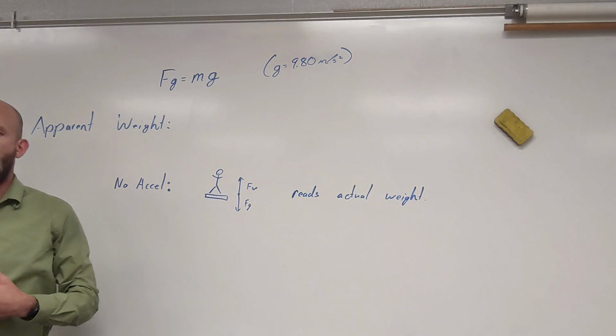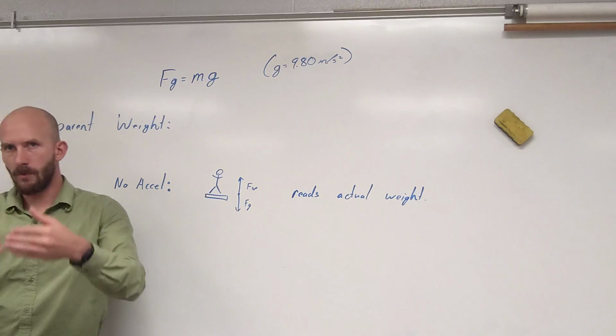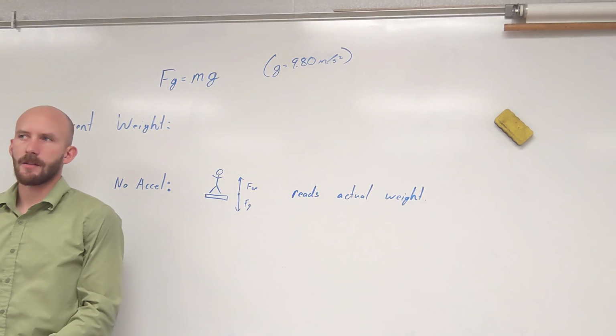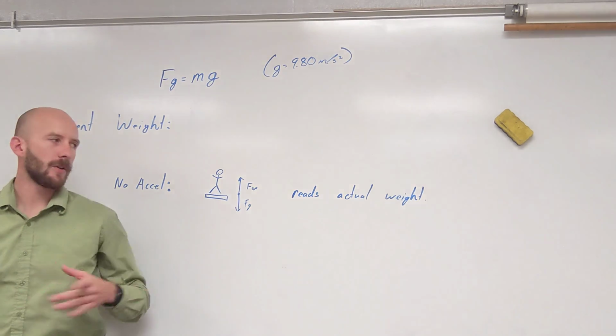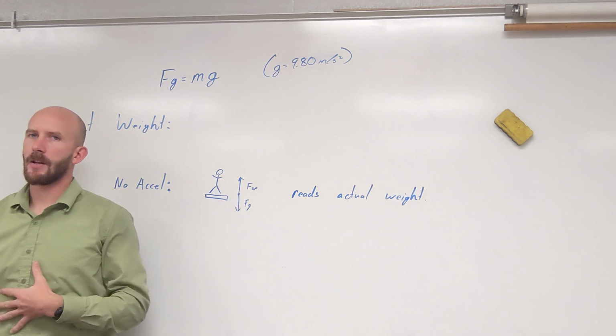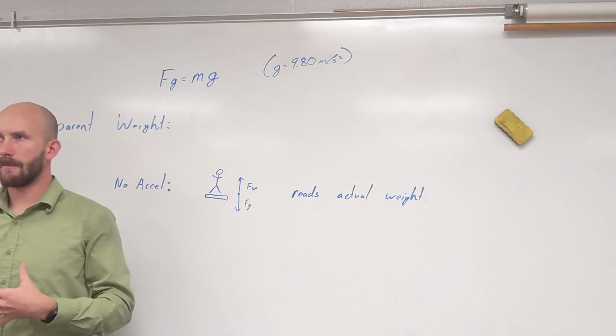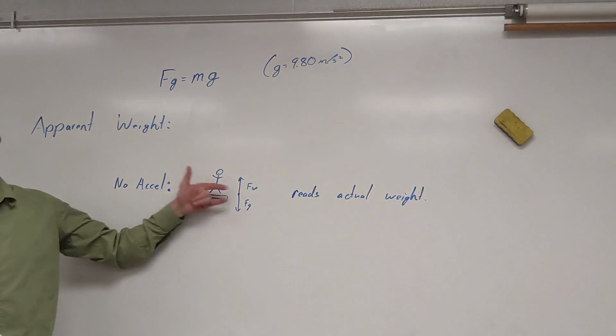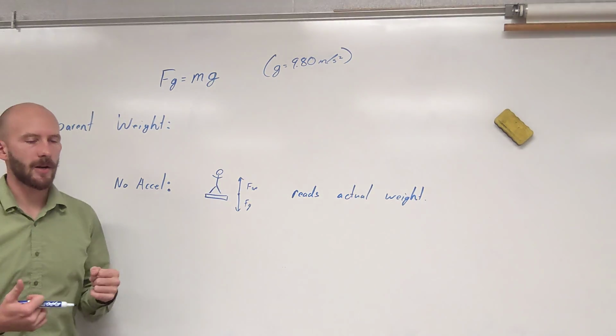Same thing if it's moving downward at a constant velocity. Moving upward or downward is not going to change this. If there's no acceleration, remember that's still that case of equilibrium. Net force is still zero. So it's that type of free body diagram.